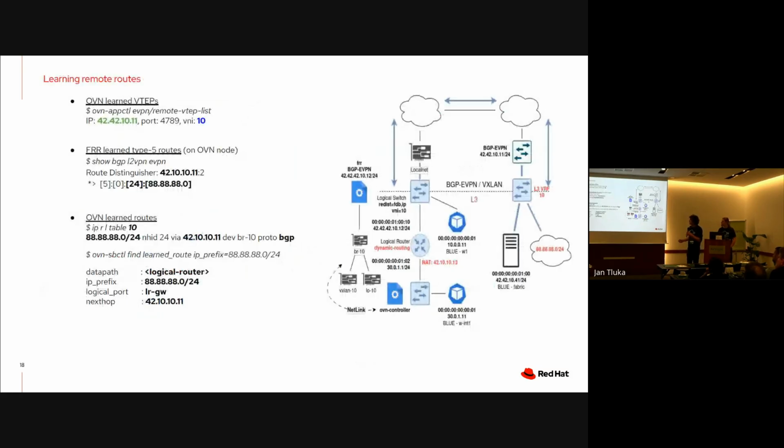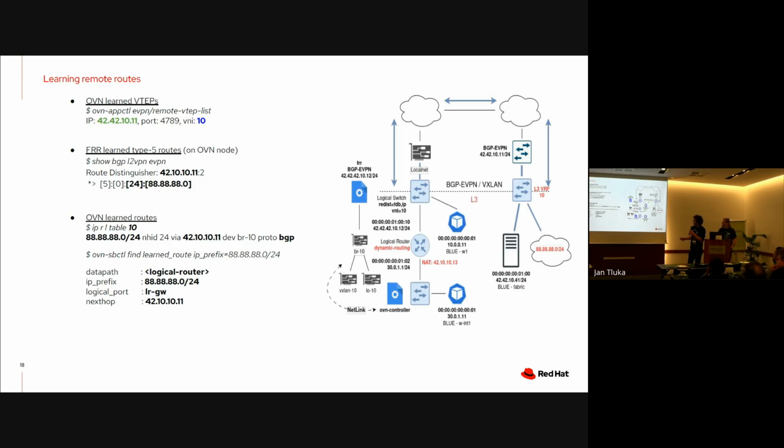If we go to the next slide, this shows a bit how we do the learning part. So learning VTEPs is the same thing. There's nothing special compared to the layer 2 case. For learning the routes, the difference is that here we see the routes that FRR learned on the OVN side, route 8.8.8.8.